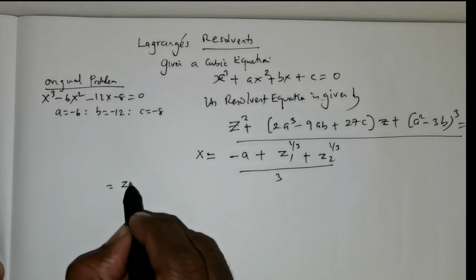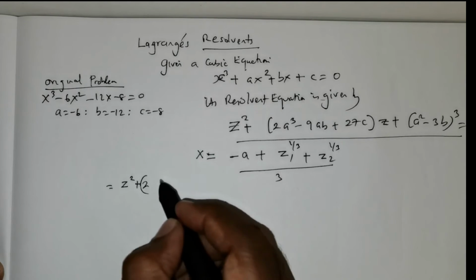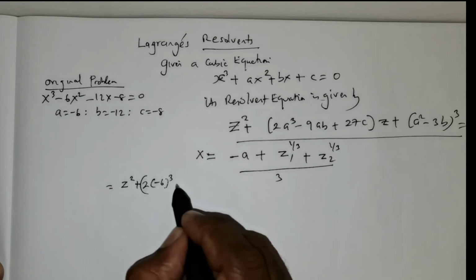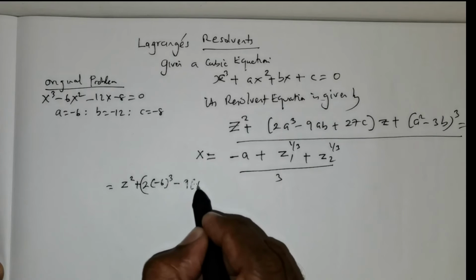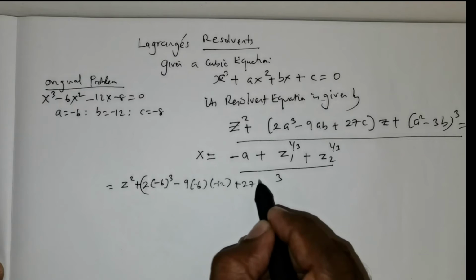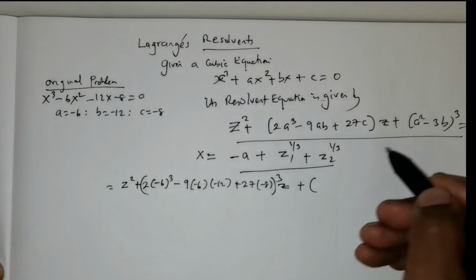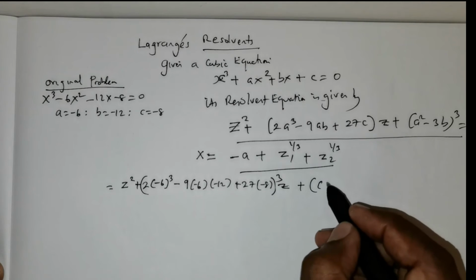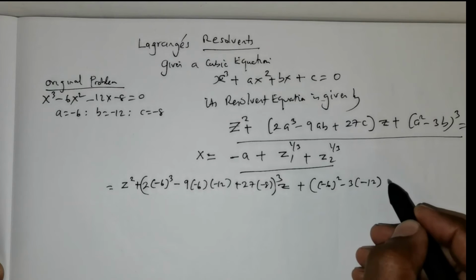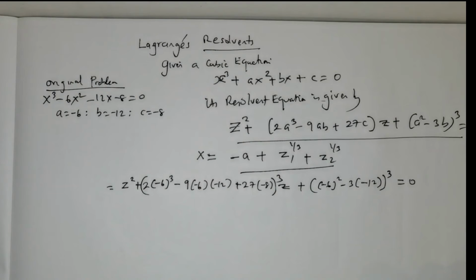That would give me z^2 + (2 times (-6)^3 - 9 times (-6) times (-12) + 27 times (-8)) times z + ((-6)^2 - 3 times (-12))^3 = 0.